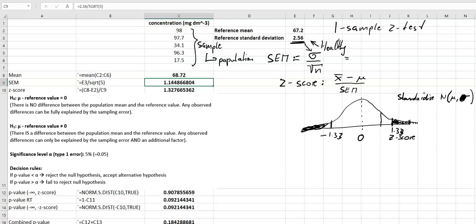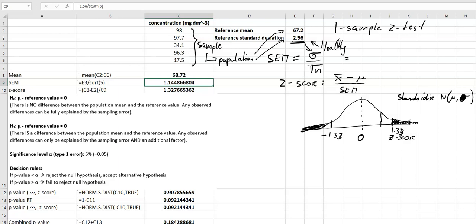It means that the sample from which this population is taken indicates a population, which we don't know, but this population is identical to a population defined by the reference mean and the reference standard deviation. That is basically what this null hypothesis says.